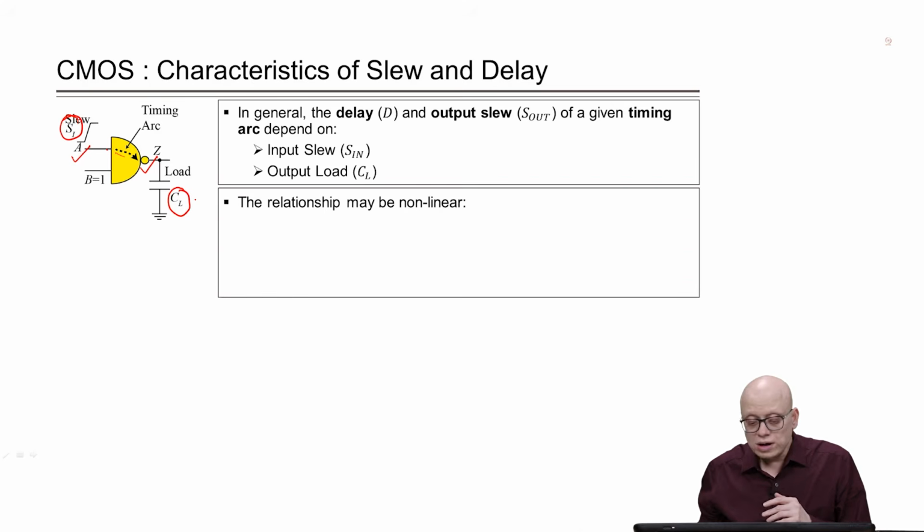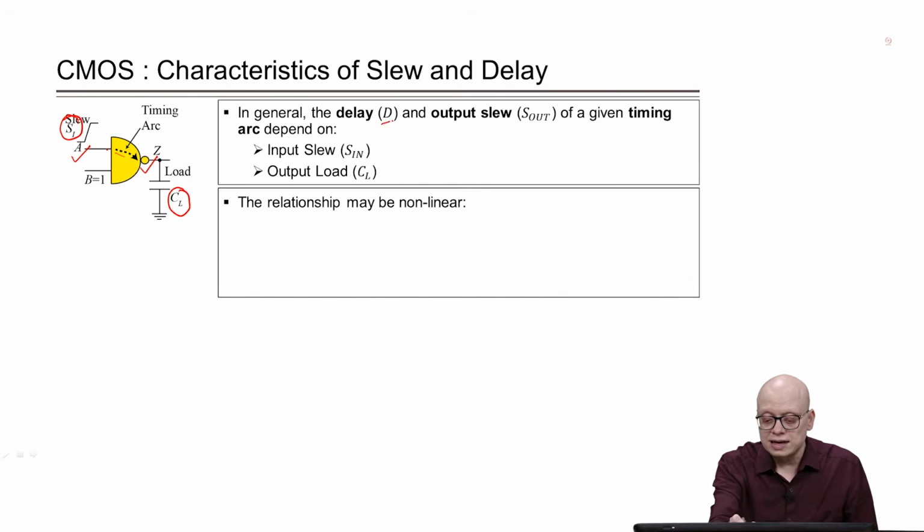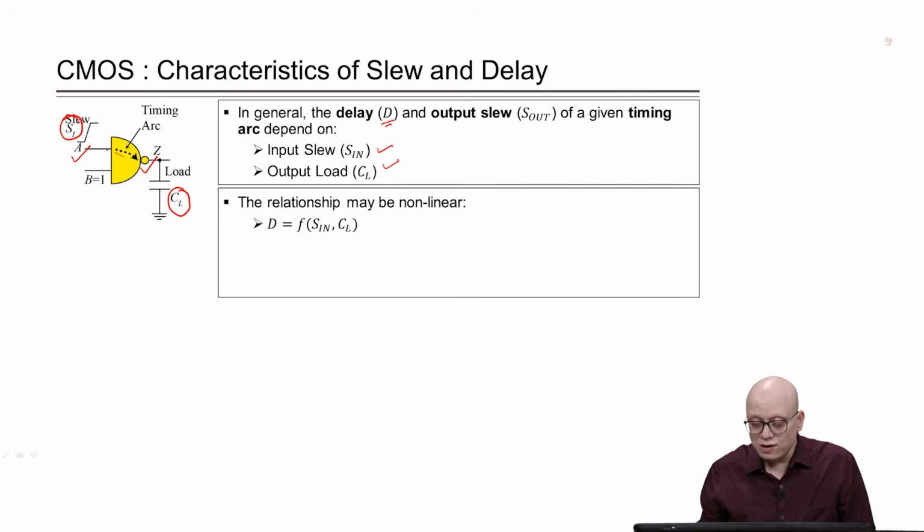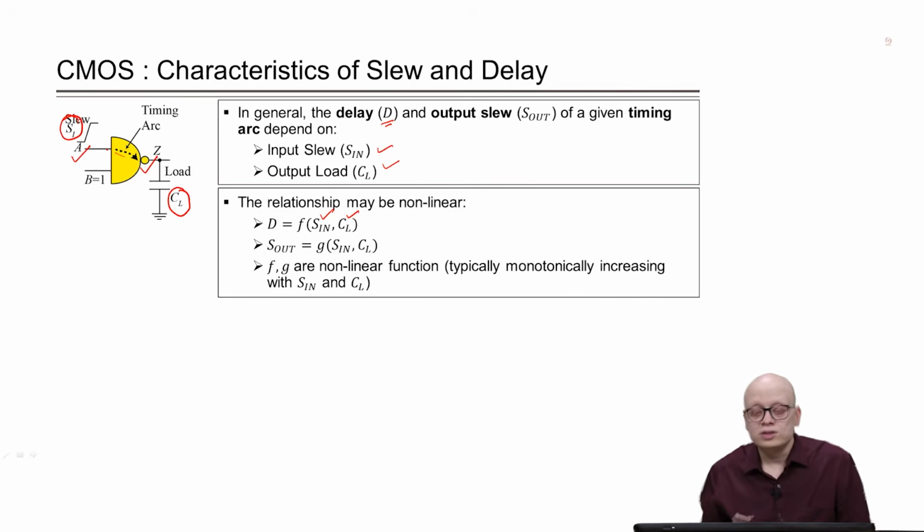If we look into this relationship between the delay and the input slew and output load, we will find that delay and output slew is a non-linear function. Now, this is a monotonic non-linear relationship, and capturing this information in the technology library is a bit difficult. So, how do we handle this case?